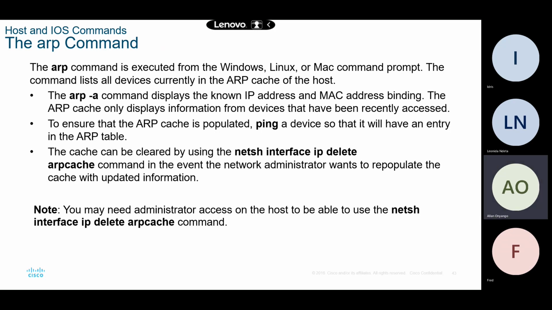But you can always, of course, clear that table. You just say netsh interface ip delete arp cache. But I think there's a shorter version of that. We just say arp space -d for delete, and you'll still be able to delete the ARP cache. All right. So that is for the ARP command.